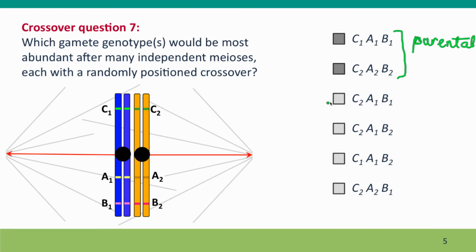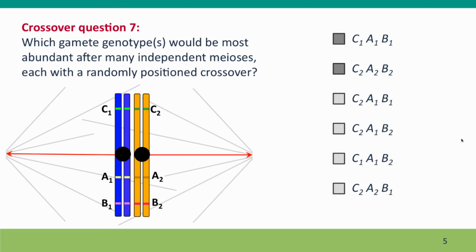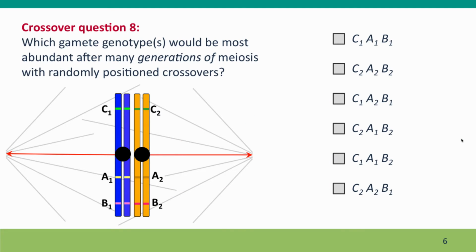This is a genotype that would result from a crossover in this interval. These two are the genotypes that would result from crossovers in that interval. And this is a genotype that would only be seen after 2 crossovers, which is a relatively rare event. One more.